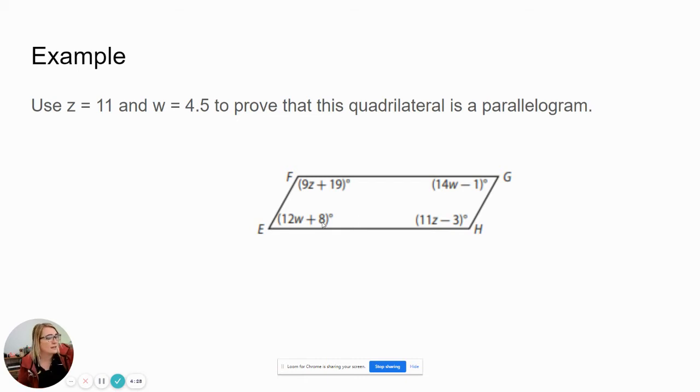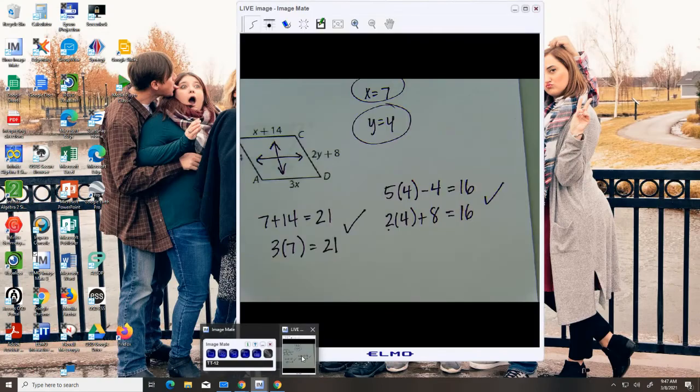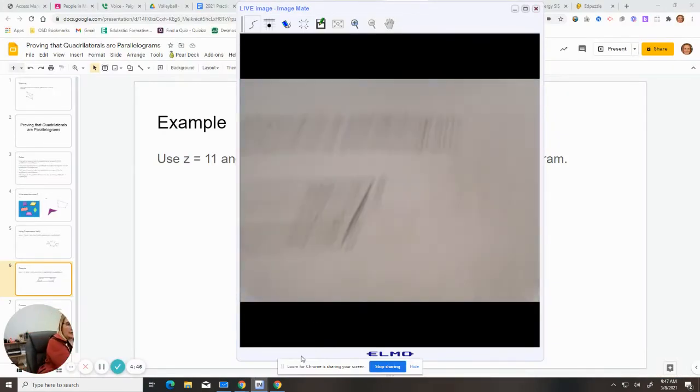So we're going to be using the opposite angle theorem, which means that they're going to be equal. If we were doing same side interior, we would be adding them to get 180. Okay, so let me pull up this and we will work through the angle one.